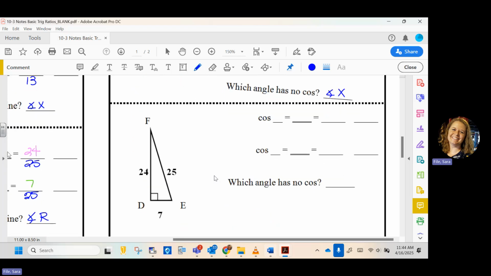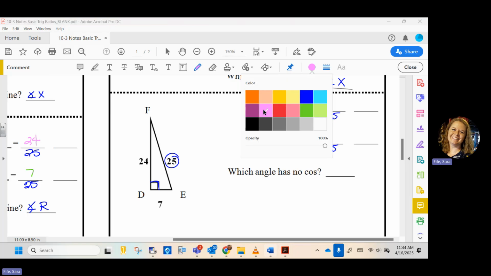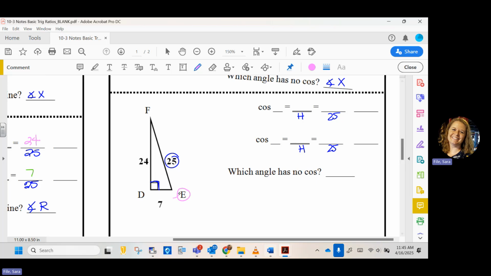All right, last but not least, the hypotenuse didn't change, still 25. So hypotenuse is the denominator. Okay, now if I measure from angle E, adjacent to E is the 7.